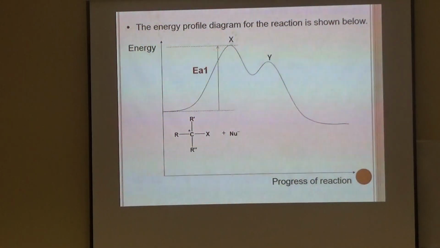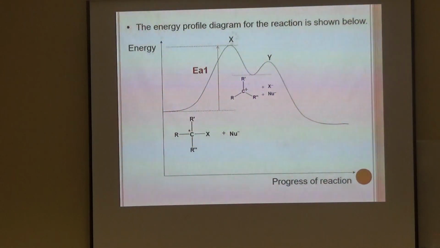That being said, the energy profile diagram now for your SN1 mechanism, because it involves two steps, that's why you have the two humps. Activation energy of step 1 is really large, and that is also the slow step. You will have the intermediate at the end of step 1.